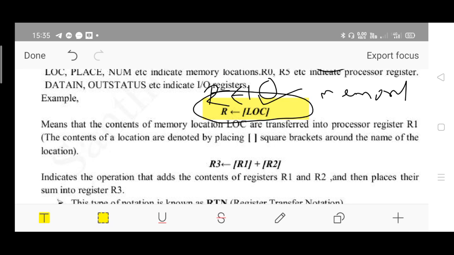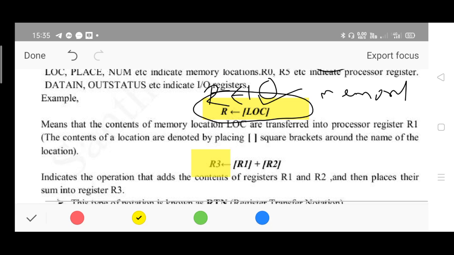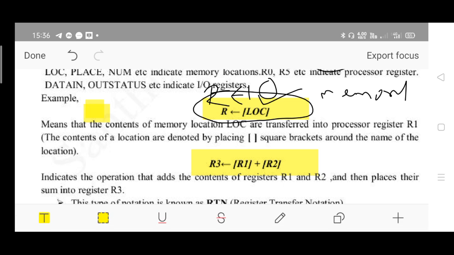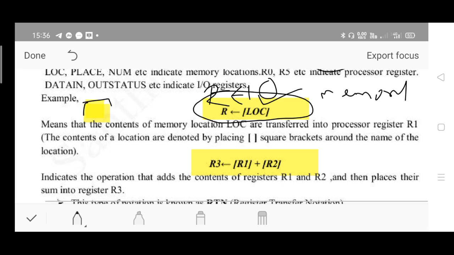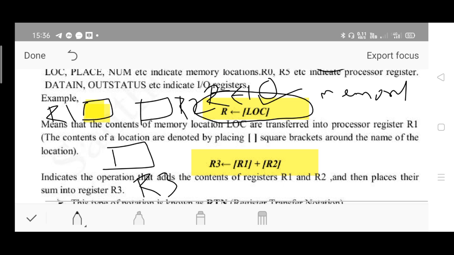Similarly, one more example for RTN is given here. R1 and R2 register contents. Let R1, R2 and R3 be three different registers. I name them R1, R2 and R3. Watch carefully. These are the three different registers available, right?